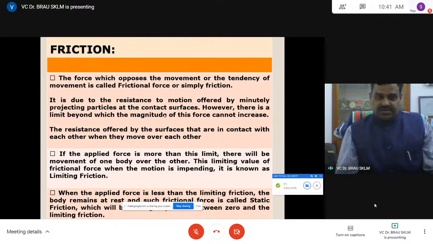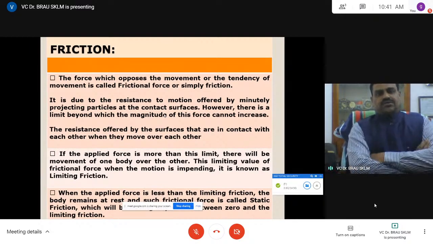There is also an assumption on it. But in most of the cases, there is some amount of friction, that is the rough surface. If you see the roughness of the surface, a lot of interlockings are taking place between the two surfaces. Because of that, friction is always there.